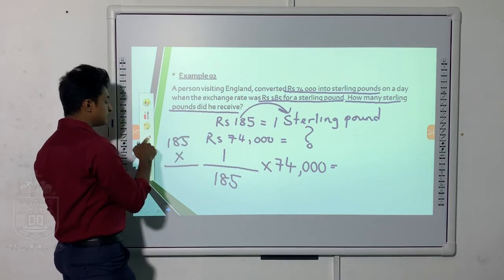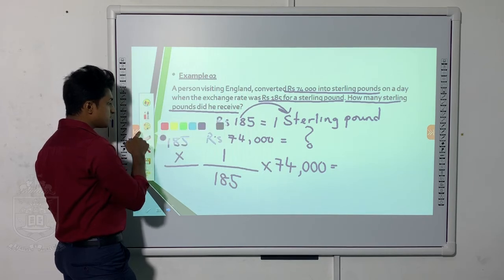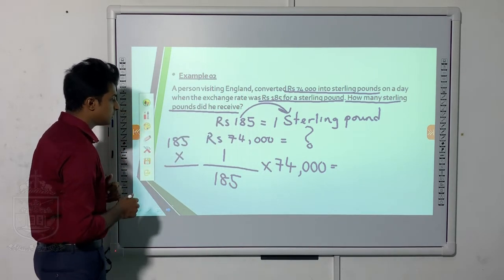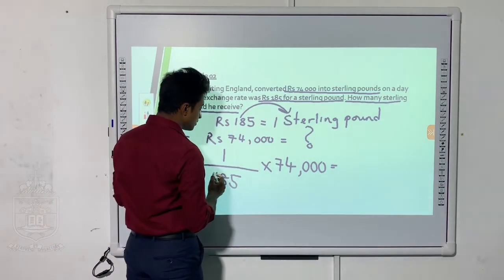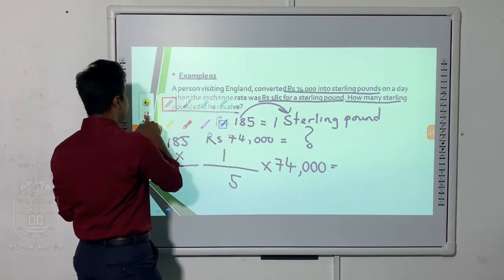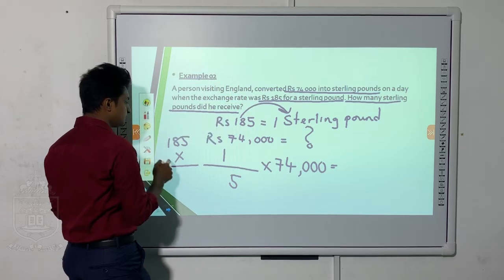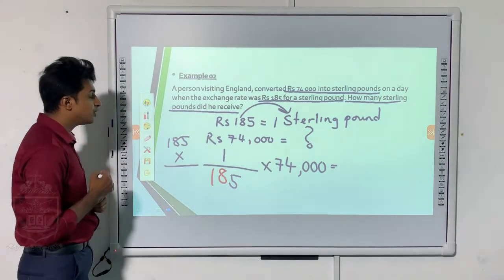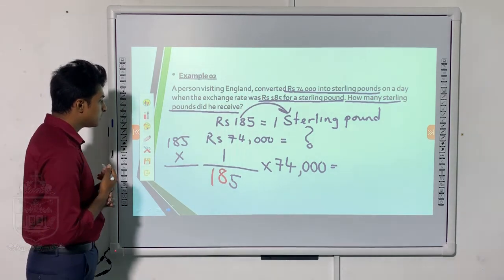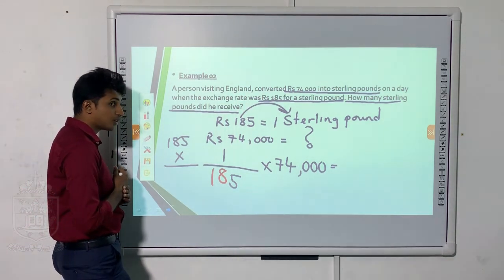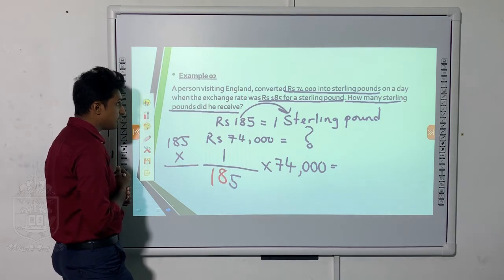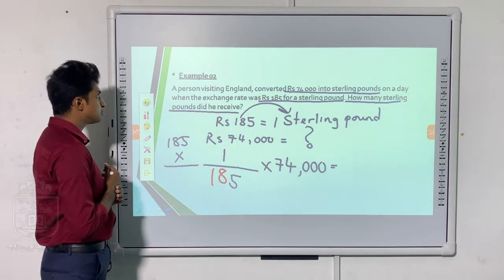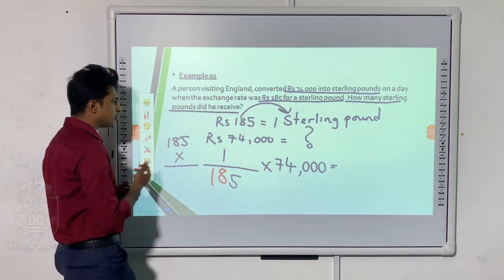So we have to take about 6 and see. 185 times 1 is 185. So you need to get 74,000. We'll find for 740. So let's take a value of maybe 2, 5, maybe 6 or 4.